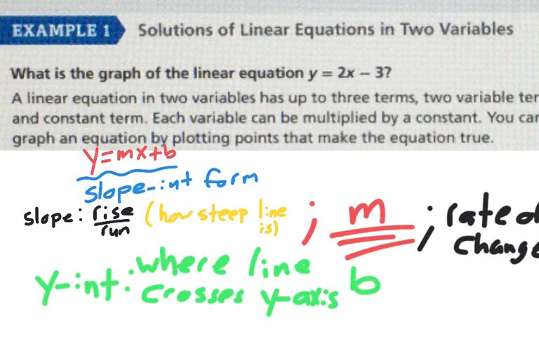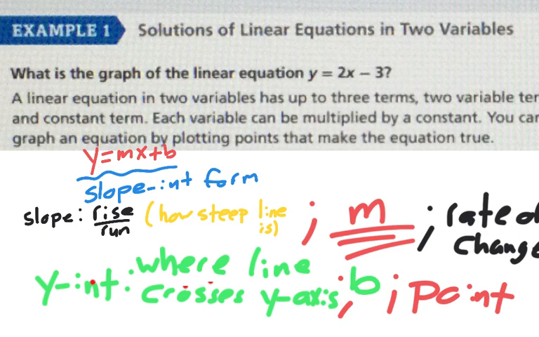You can't use slope until you know a point. So the only one of these that is a point is the y-intercept. It's a point where we cross the y-axis. So I have to go to that point, put it down, and then use the slope to find how much I'm changing to get to the next point.